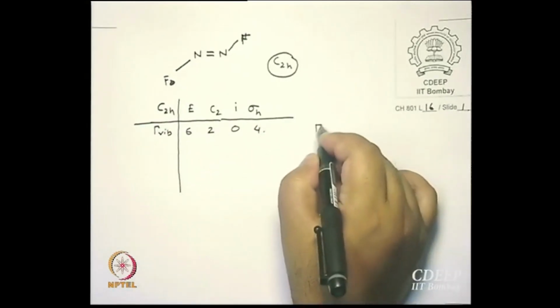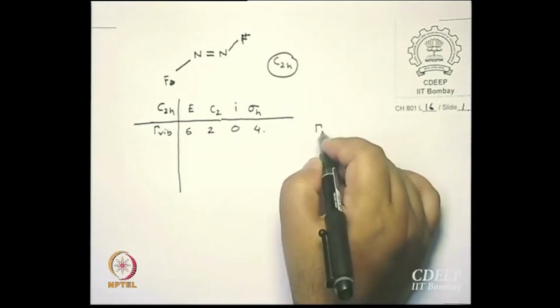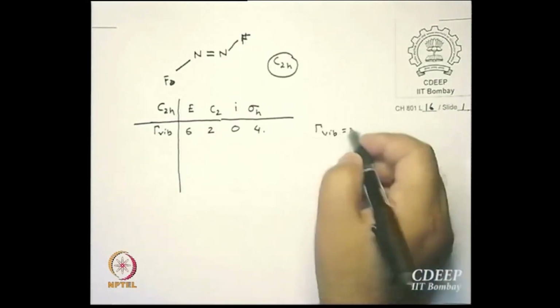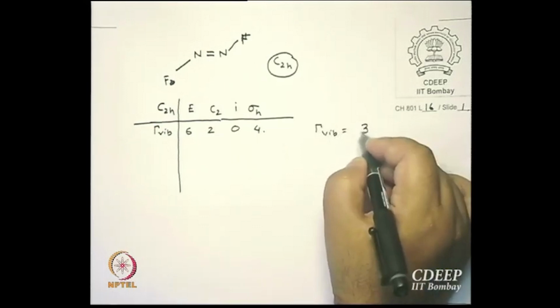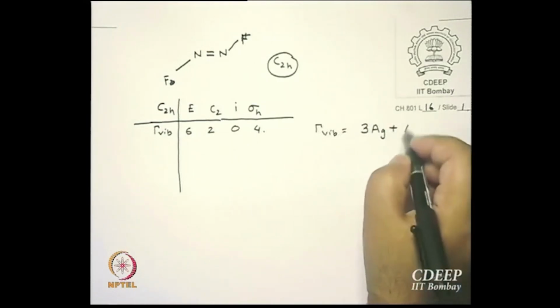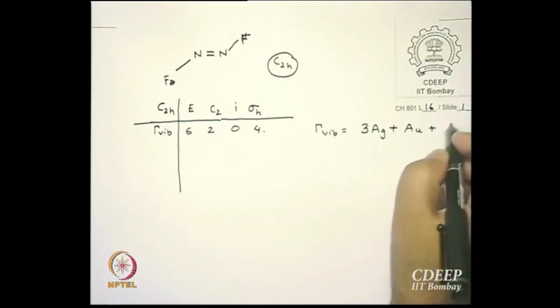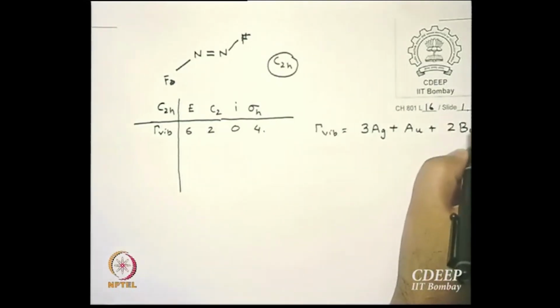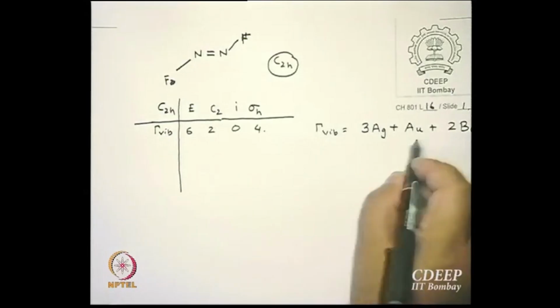And then from there we broke it down and we said gamma wave is equal to what? 3Ag plus Au plus 2Bu. So 3 plus 1, 4 plus 2, 6.